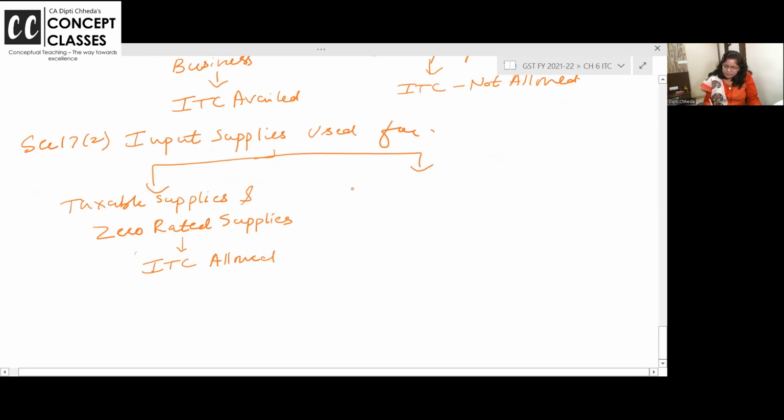Input used for exempted supply, ITC not allowed.